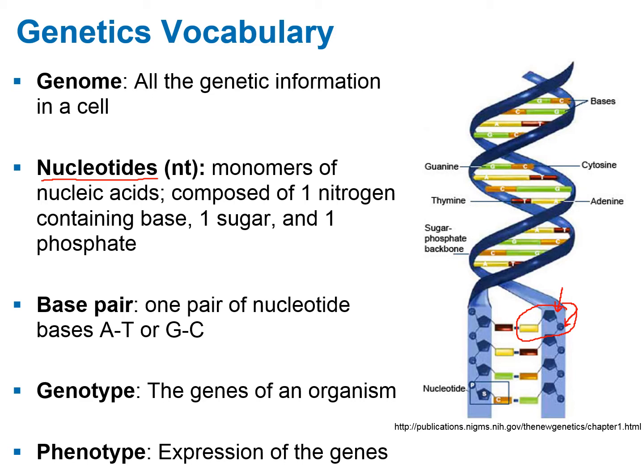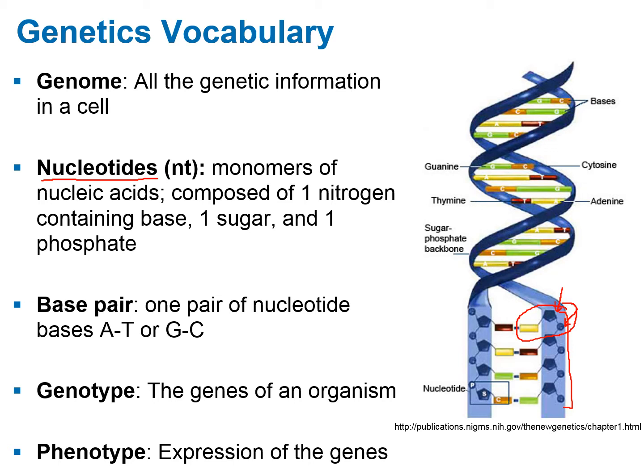And together the sugar and the phosphate alternate to form the backbone of DNA. Then also attached to the sugar we have a nitrogen-containing base, and there are actually 4 of these nitrogen-containing bases: adenine, thymine, cytosine, and guanine. And it's the order of the adenine, thymine, cytosine, and guanines that make a gene what it is. That's where the code for eventually a protein will come from.